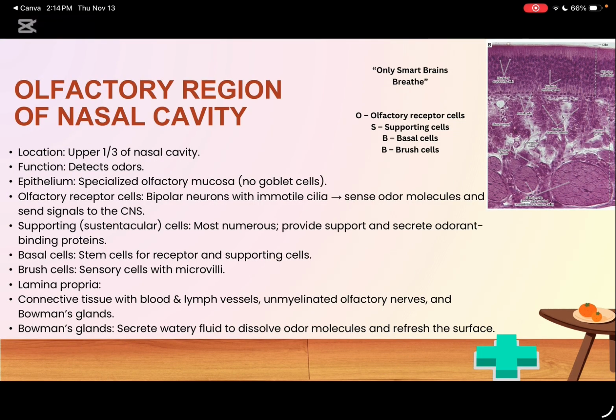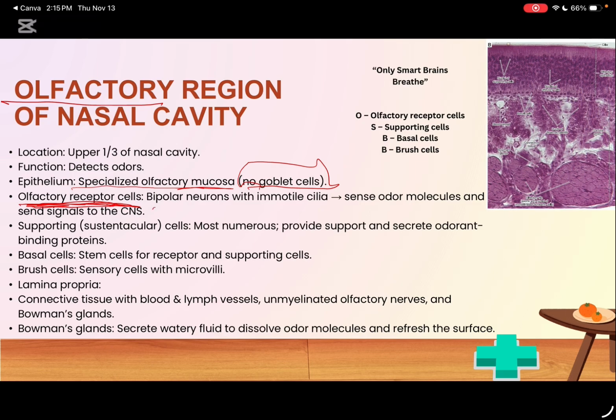Moving on to the olfactory region of the nasal cavity. Where is it located? It's located in the upper third of the nasal cavity. And what does it do? It detects smell. Its epithelium is a specialized olfactory mucosa. There are no goblet cells in the olfactory region. What are olfactory receptor cells?